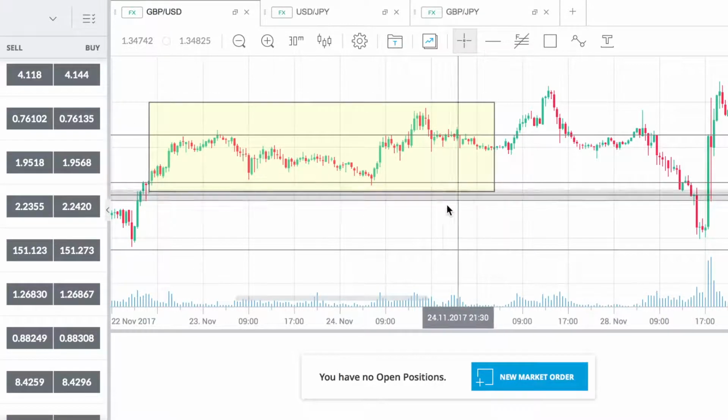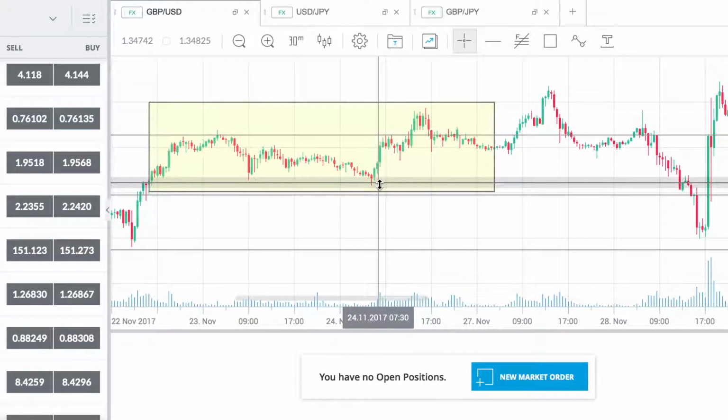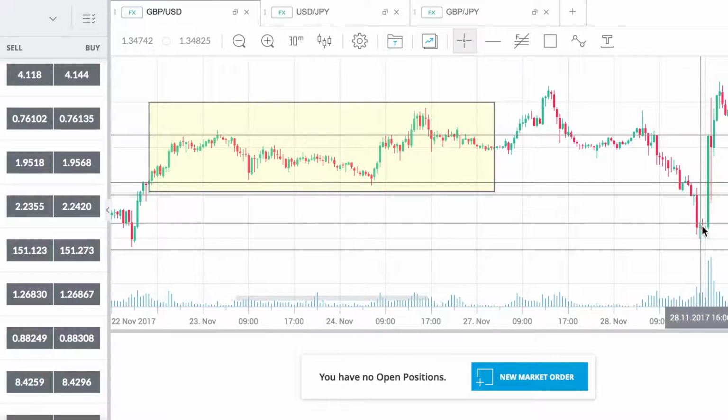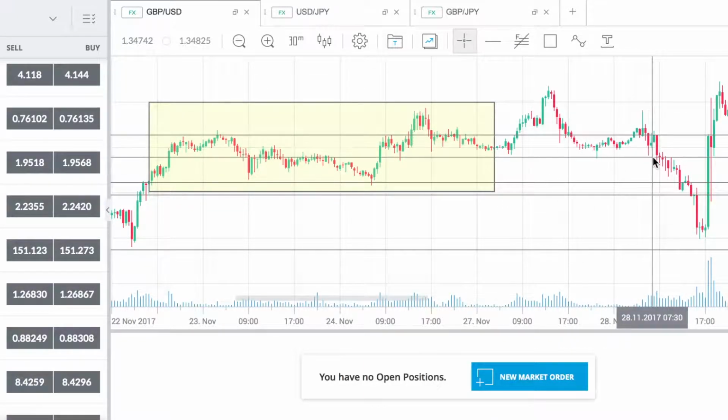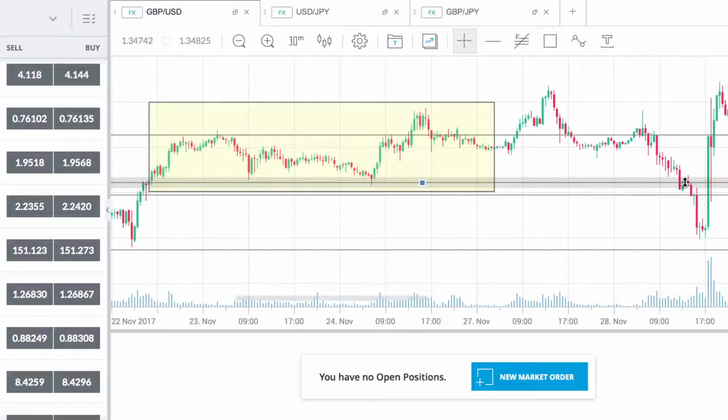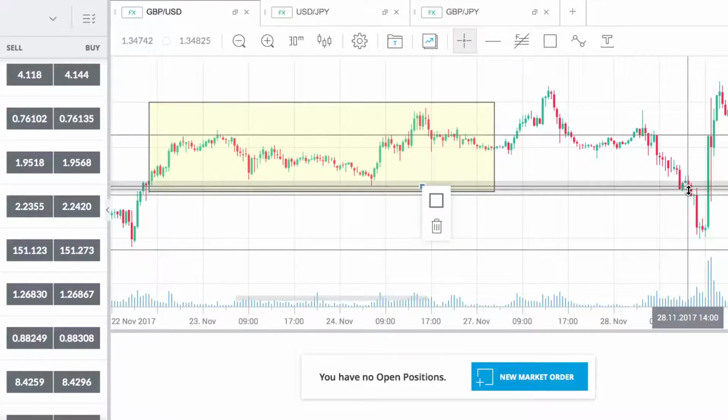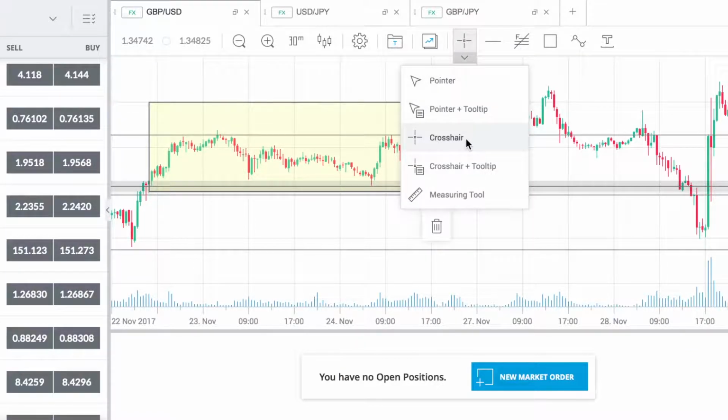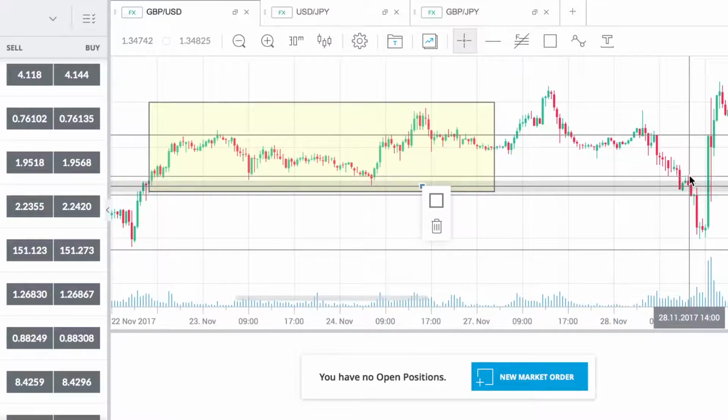So that level here was another strong level of support, and it fell through, giving you, if we get the crosshair, and we use that one, but we'll just take a few pips off it, okay? So you got 65 points.